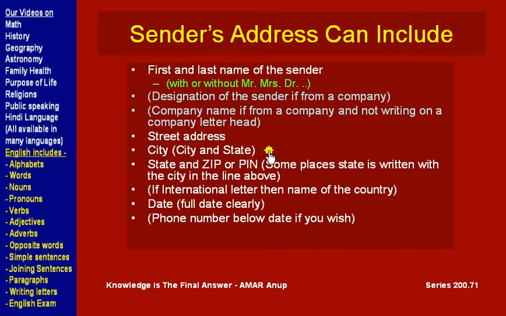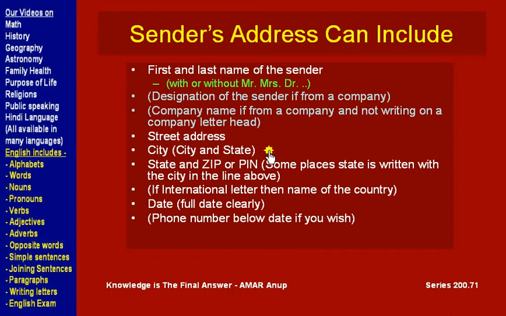The next line is for the city and state. You write the name of your city and your state. In some countries they only write the city's name in this line, and the state's name is written in the next line along with zip or pin code.